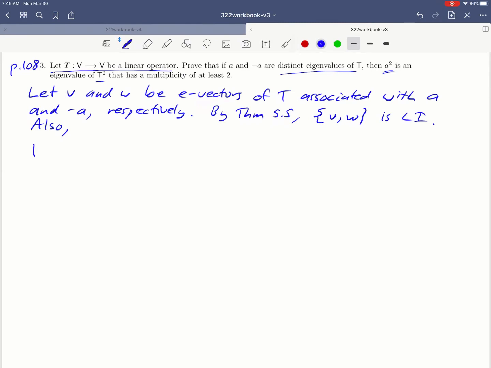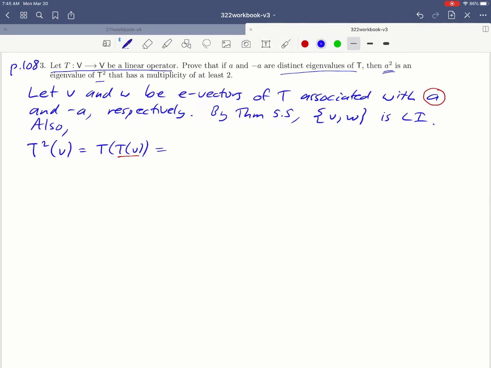So here's the first calculation we're going to do. We're going to take and substitute v into the operator T squared. And remember that T squared just means T of T. So T squared of v is just another way of writing T of T of v. Do we know anything about the pieces of this calculation? Well, v is an eigenvector of T, and its eigenvalue happens to be a.